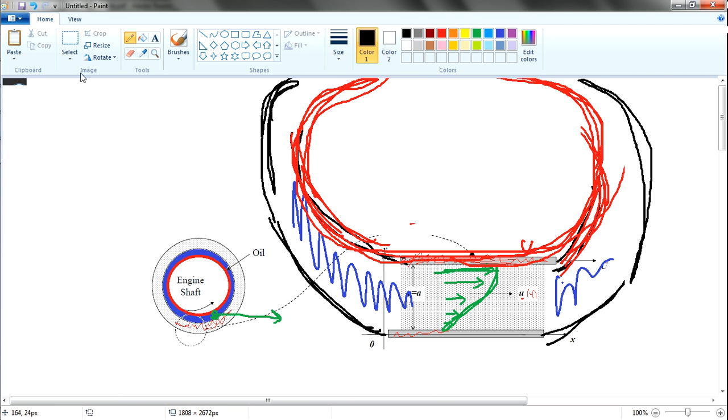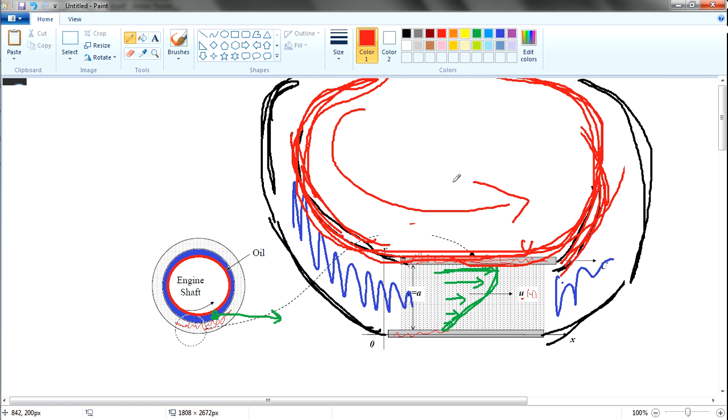Yeah, this is the enlarged version of this. It's a little ugly, but okay. So this is the shaft. Before it starts to turn, it is stagnant, right? When this thing is starting to turn, it spins, right?